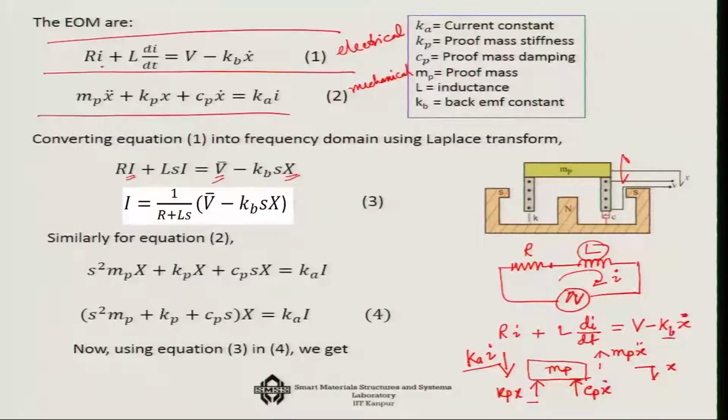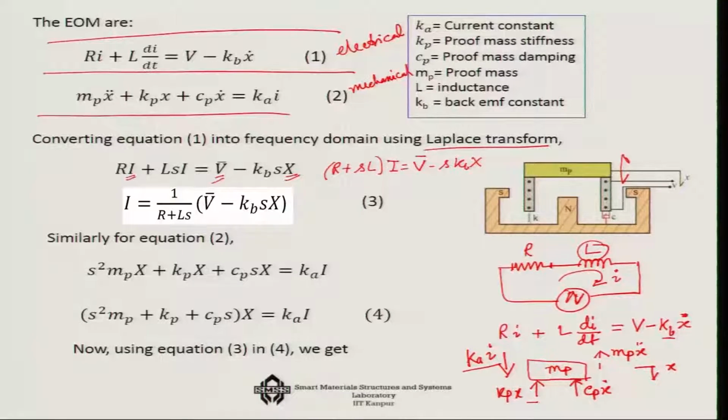The first equation is R I plus L s I, which equals V bar minus Kb s X, after carrying out the Laplace transform. From this you can get a relationship, because R plus sL times I equals V bar minus s Kb X. So, you can find out what I is, which is 1 over R plus Ls times V bar minus s Kb X.